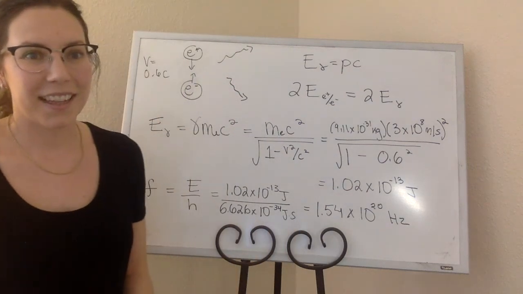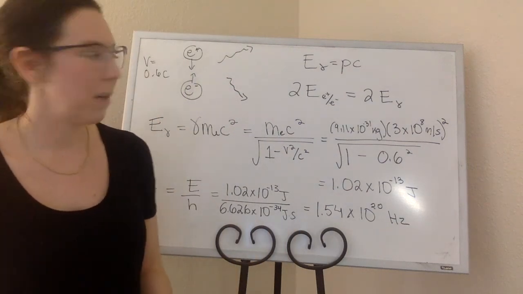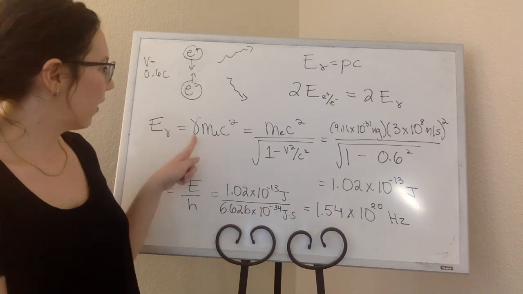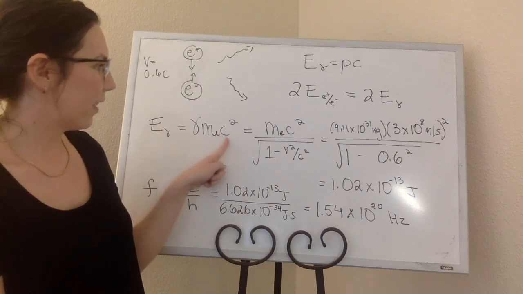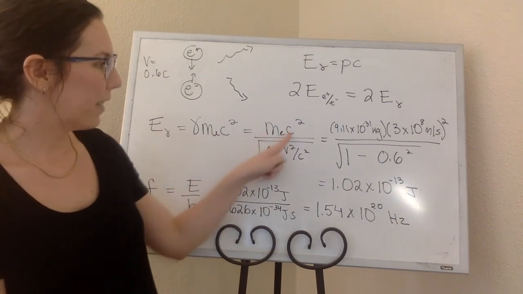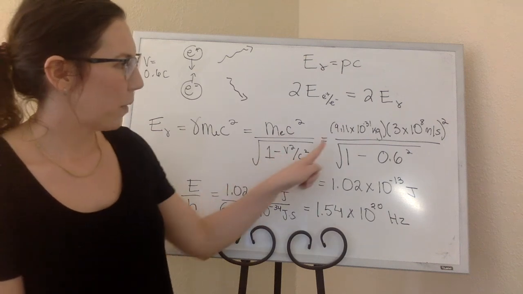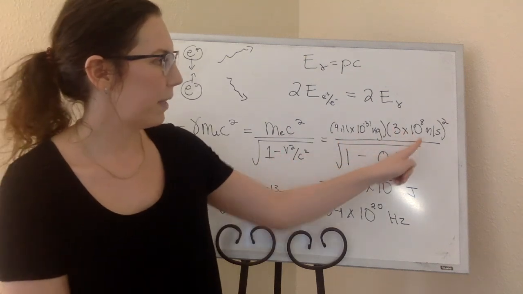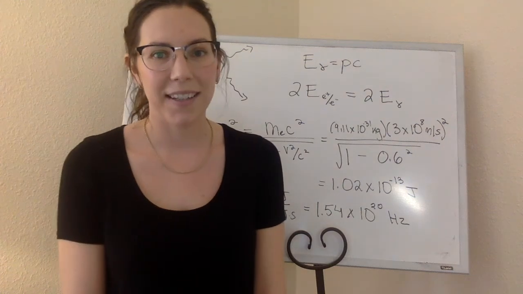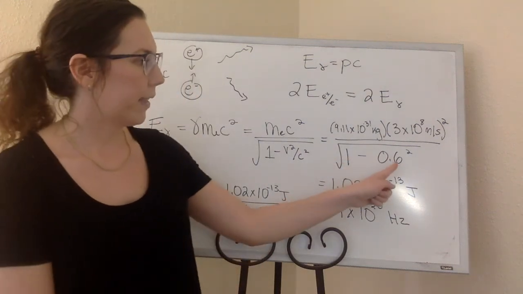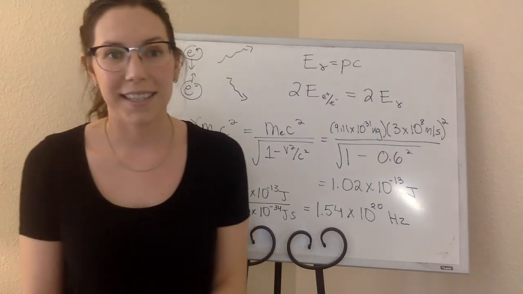So we can calculate the final photon energy by using the energy of the electron, gamma times the mass of the electron times c squared. So me c squared times gamma, we have the mass of the electron, 3 times 10 to the 8 meters per second, squared, over the square root of 1 minus 0.6 squared, since the speed was 0.6 c.